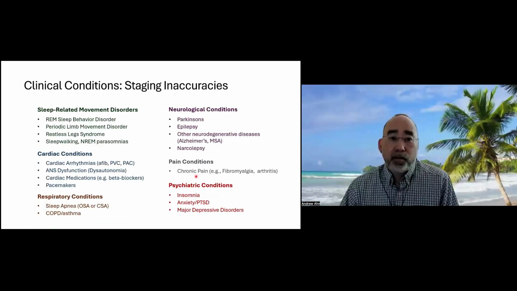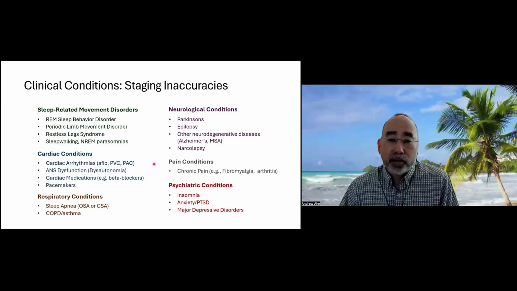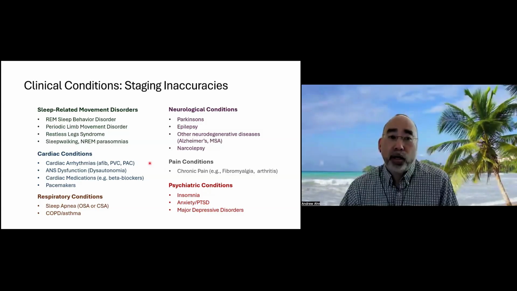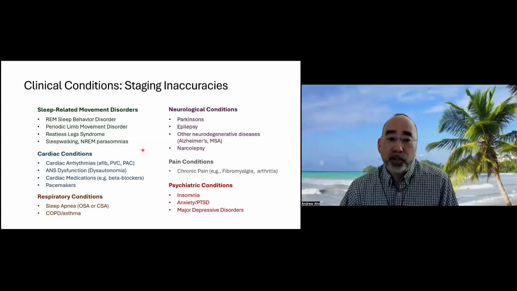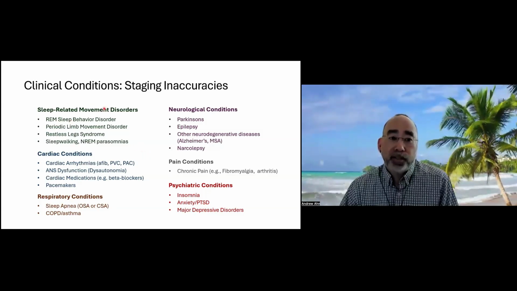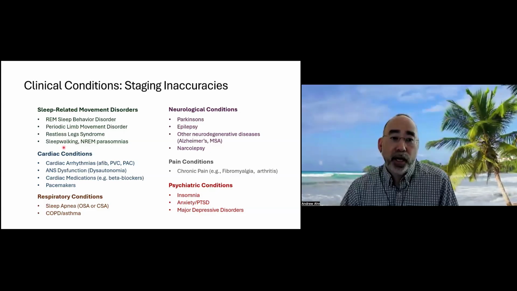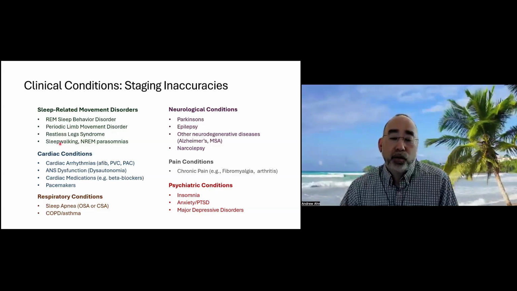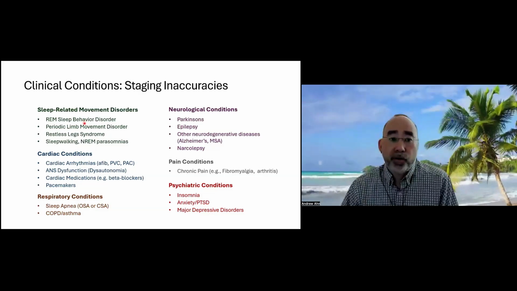Knowing all these things will tell you which conditions will not do so well when it comes to these wearable distinctions of sleep stages. When you have sleep related movement disorders like REM sleep behavior disorder, PLMD, restless legs, sleepwalking, these will sort of destroy the movement component of your algorithm.